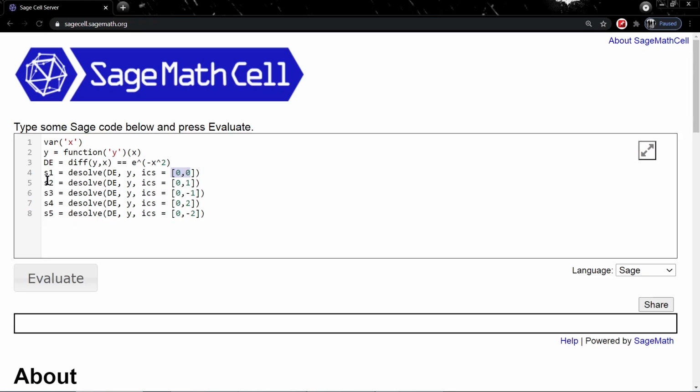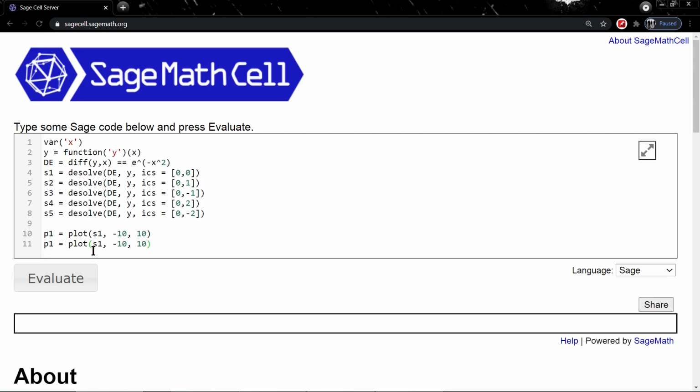Now the question is asking to plot the graphs, so we are going to define another variable P1 which will plot the S1 solution with range from minus 10 to 10.